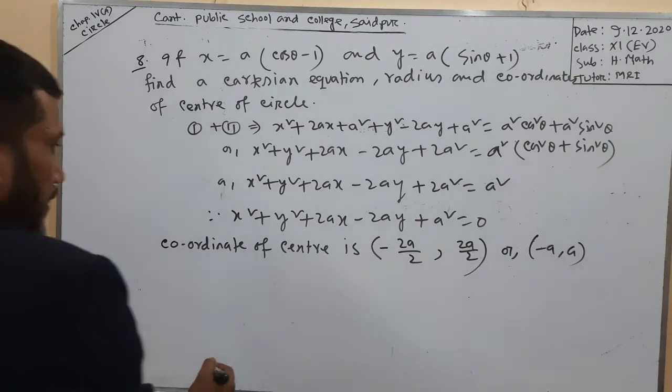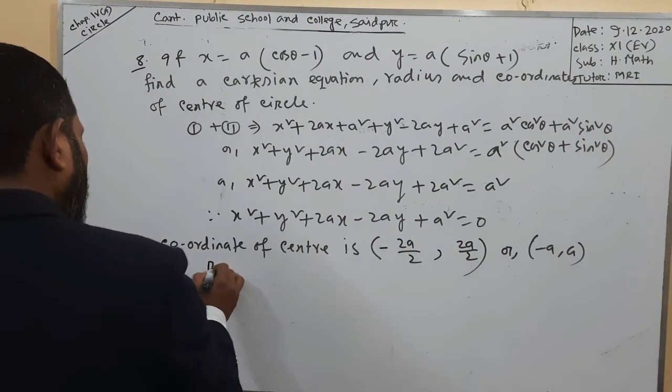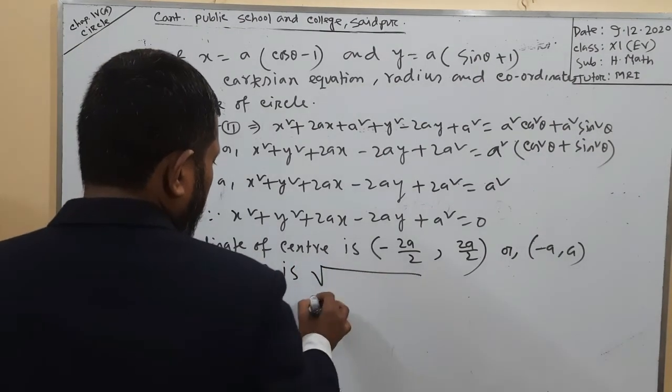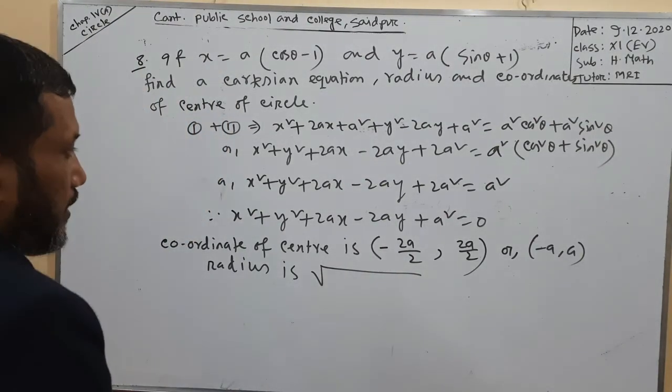And the radius of the circle is the square root of g square plus f square minus c.